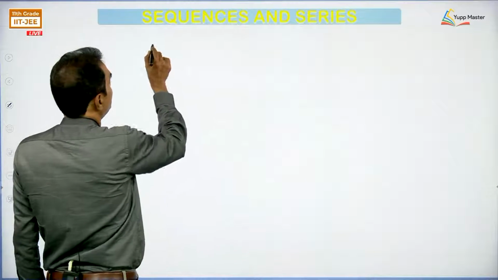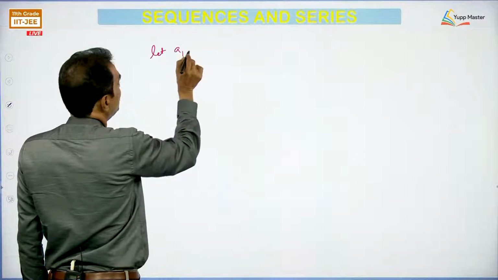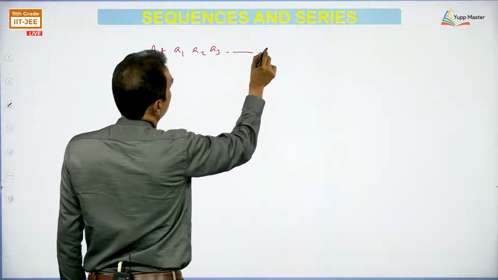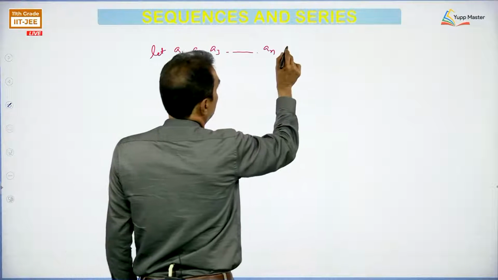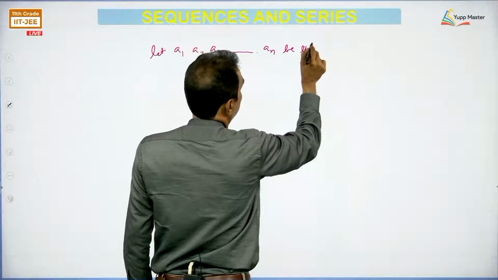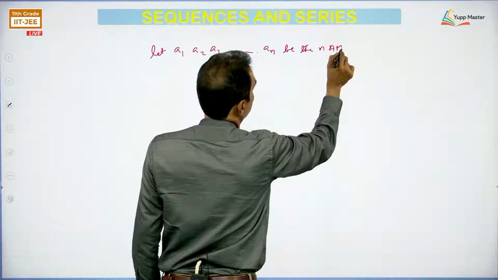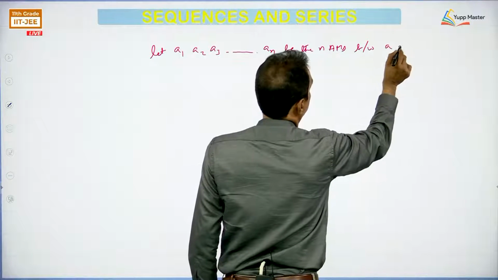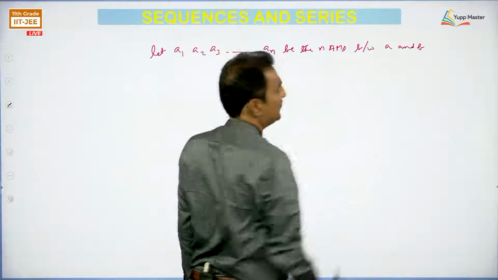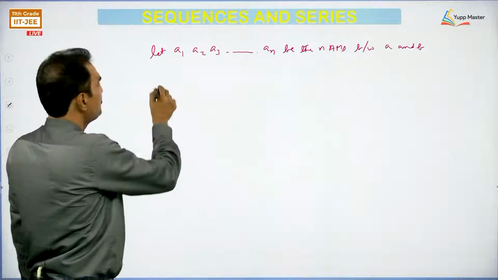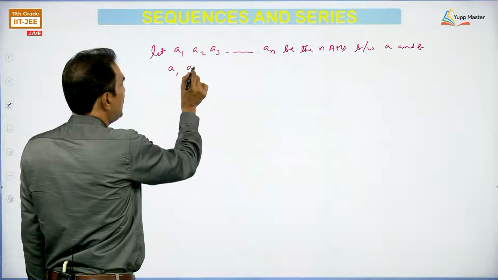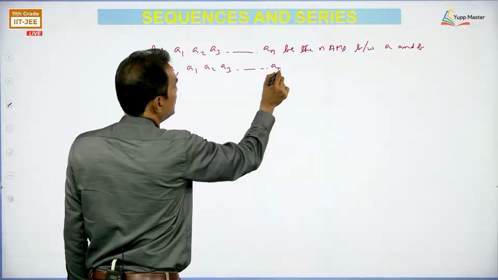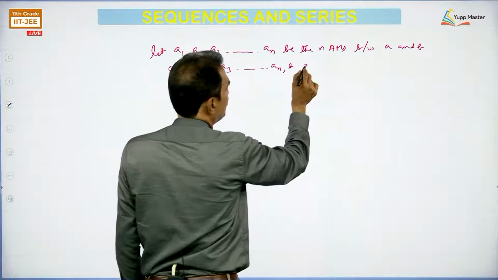Let us take the arithmetic means as A1, A2, A3 and so on, An, be the n AMs between A and B. What does it mean? A, A1, A2, A3 and so on, An, B are in AP.